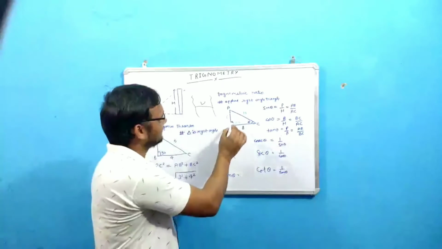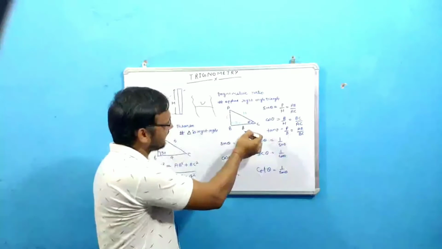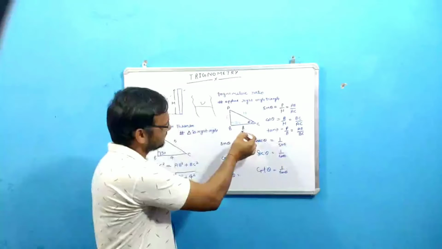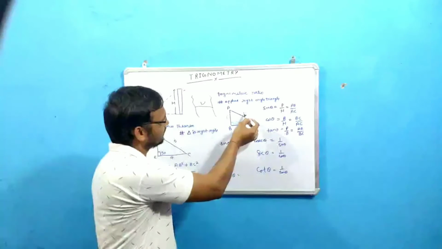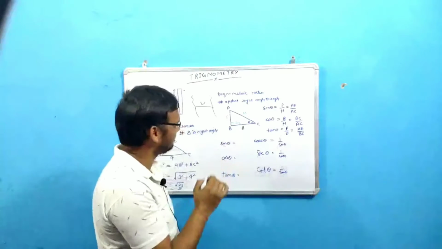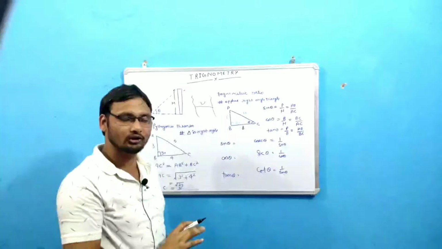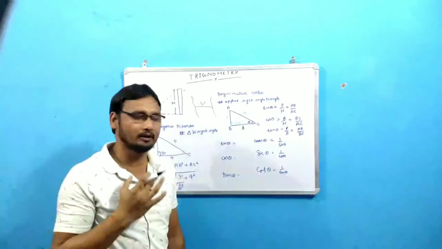In front of theta is the perpendicular, next to theta is the base, and this is the hypotenuse. We represent the perpendicular by P, the hypotenuse by H, and the base by B.